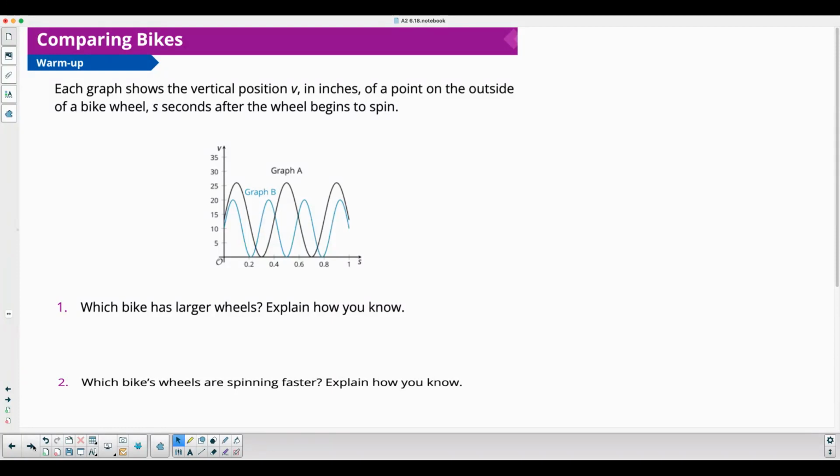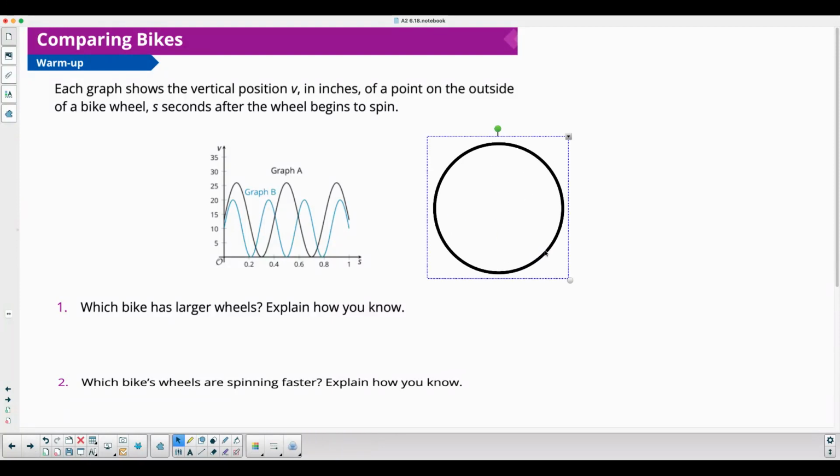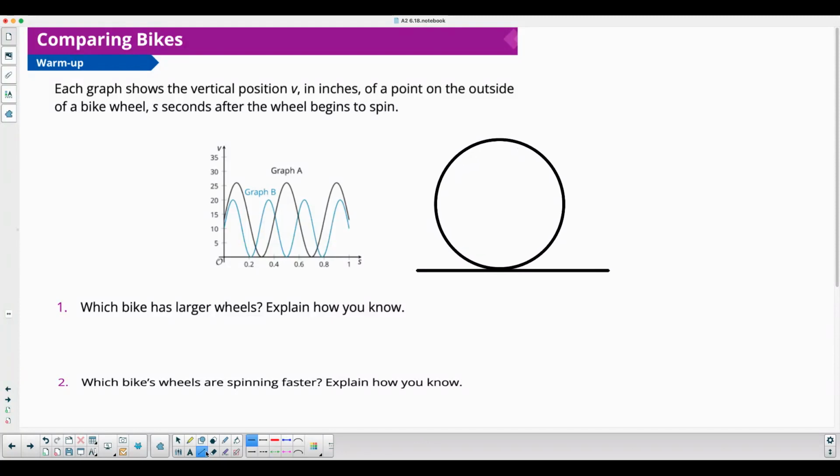So if you think about a bike wheel, you got a wheel here like this, and usually it rests on the ground. And I'll put the y-axis here. So if you think about it, the highest point is going to be up here, and the lowest point's right there at 0 on your wheel.